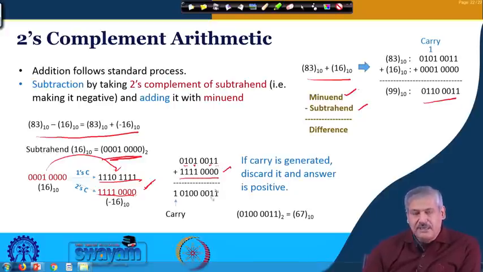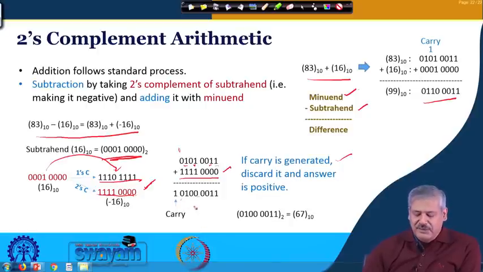And you add it, the normal addition operation. So, 1 1, this is 0 0, then 1 1 0, this is 1 1 0, this is 1 1 1, this is 1, there is a 1 carry over here. So, this carry 1 1 0 and this is the final carry 1. This is what you get. And if carry is generated, discard it and the answer that you get is positive.